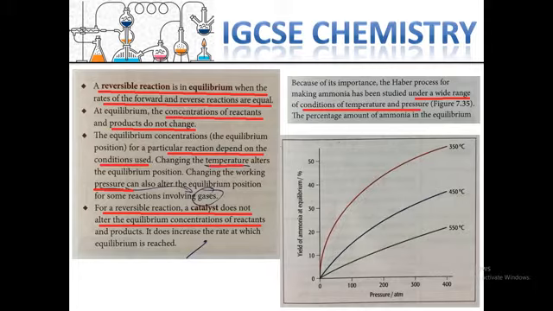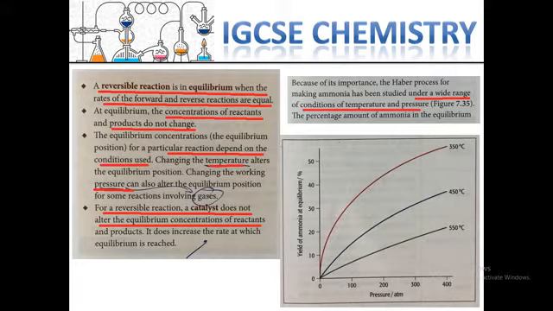As a summary, a reversible reaction is at equilibrium when the rates of the forward and reverse reactions are equal. The amount of products produced can be the same as the amount of reactants produced, forward and backward. At equilibrium, the concentrations of reactants and products do not change. So they are still the same.